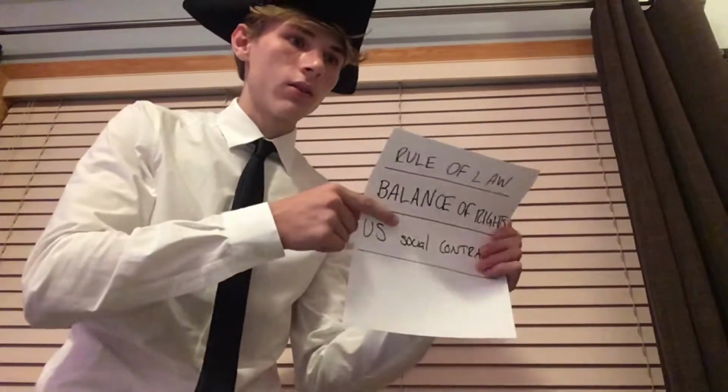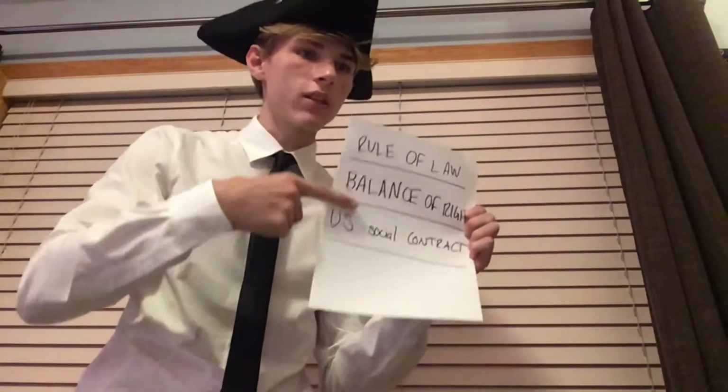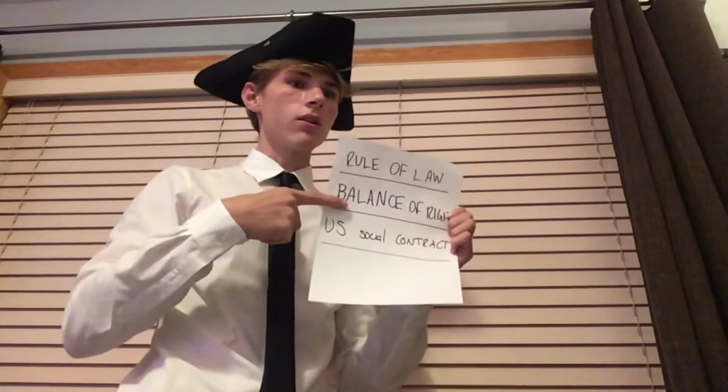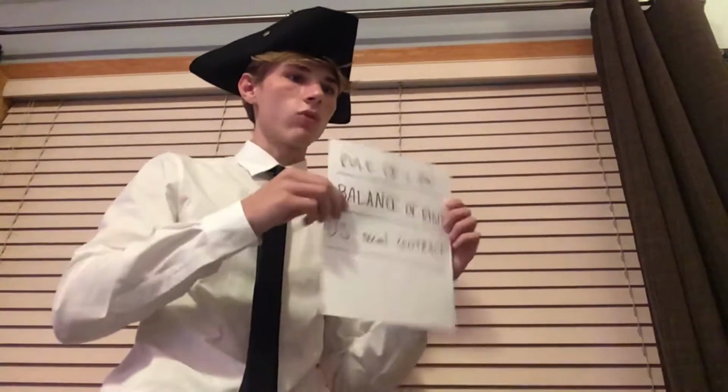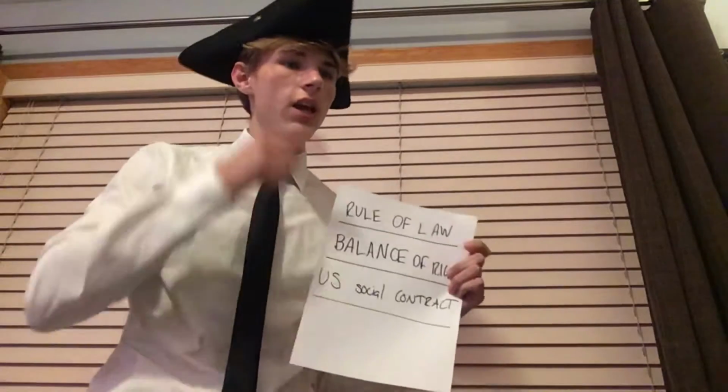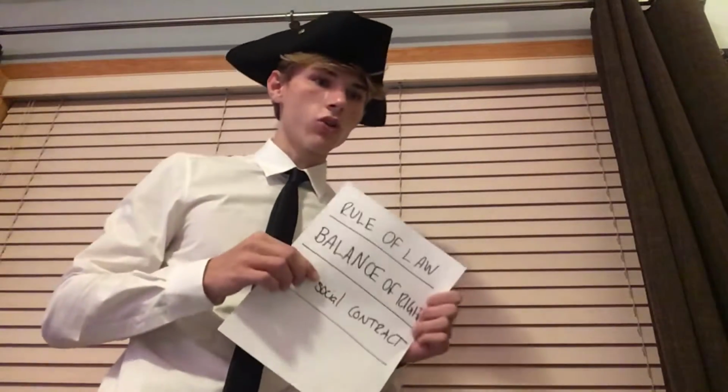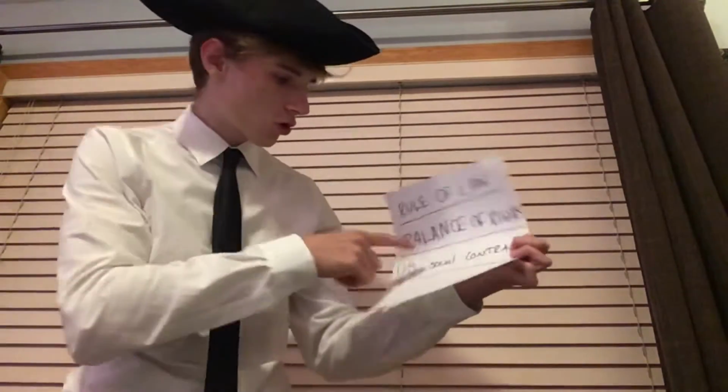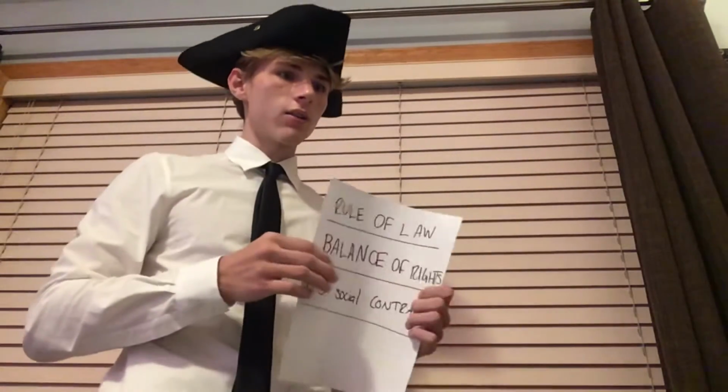Then, America also values the balance of rights, or the idea of each individual having the rights of life, liberty, and property. There's also the U.S. social contract. Alright? This is the idea that the U.S. gets power from the people and can sacrifice to give some individual rights to the community.